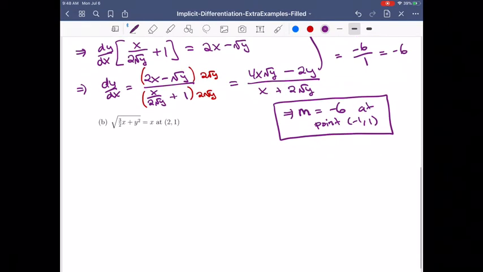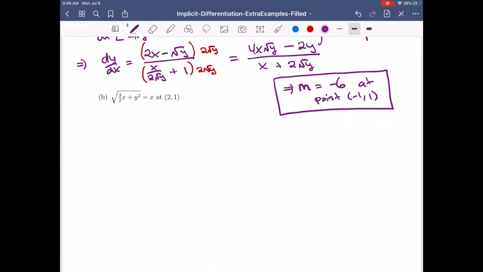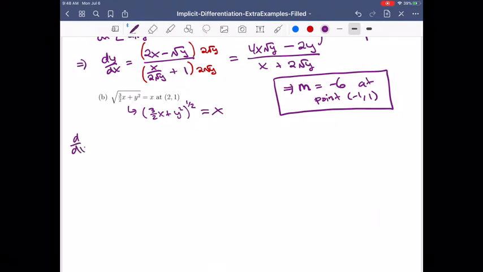Okay, let's try another one. This one is a bit more complicated. So again, I want the slope for the tangent line. So I'm going to take the derivative implicitly. So remember that this is 3 over 2x plus y squared to the power 1/2. Okay, so that's our equation. So when we take the derivative, I'm going to have to use the chain rule.